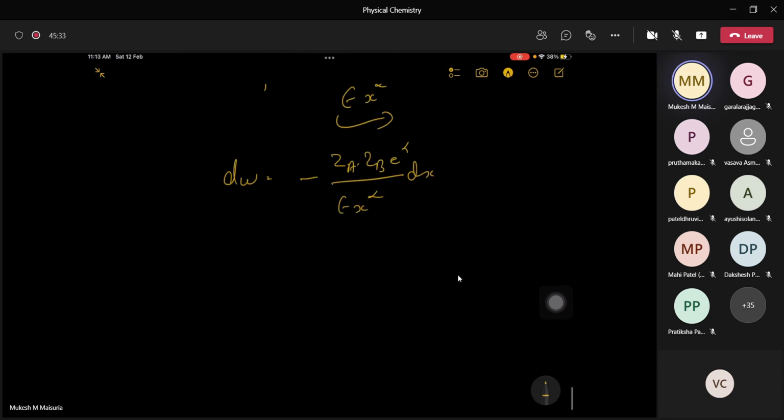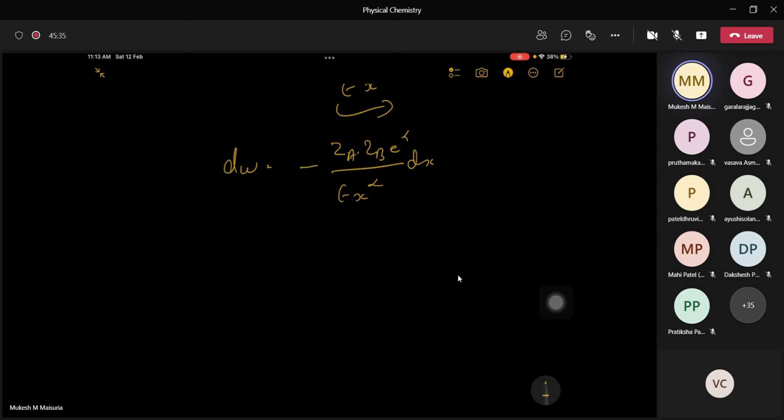Understand? And the work done in bringing two ions together, bringing both close to each other, from infinite to a distance dab.